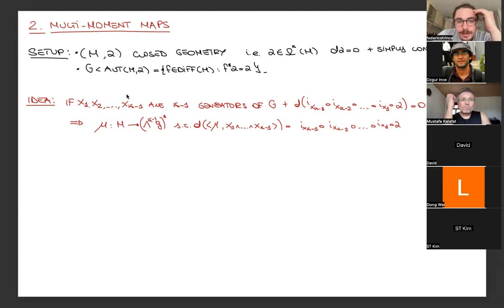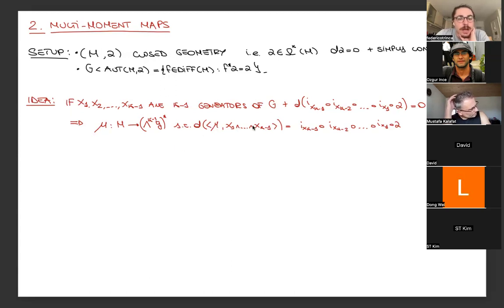And if I plug them in, I need to assume that the derivative of this contraction here is zero. Because if this is the case, then I can define in exactly the same way a function μ from M into Λ^{k-1} 𝔤*.